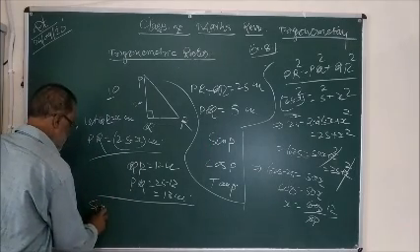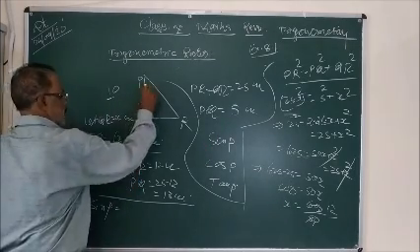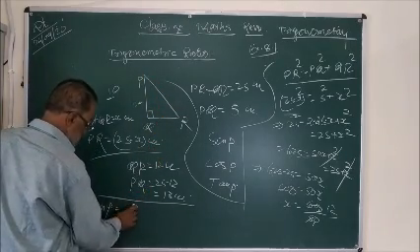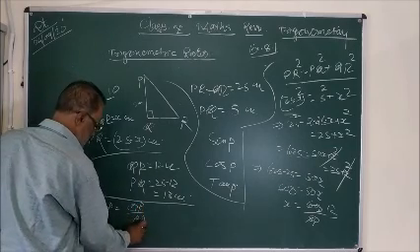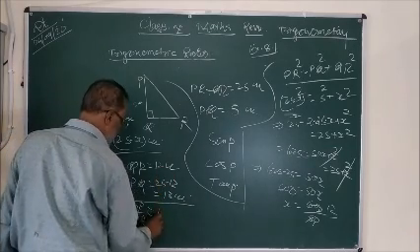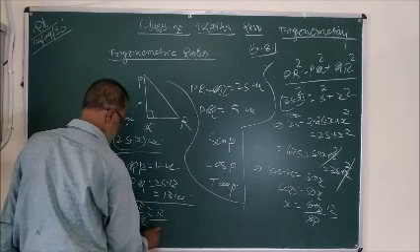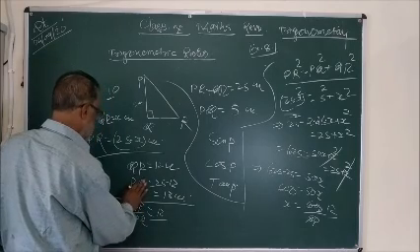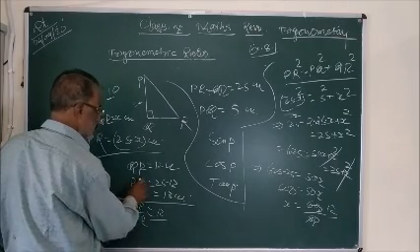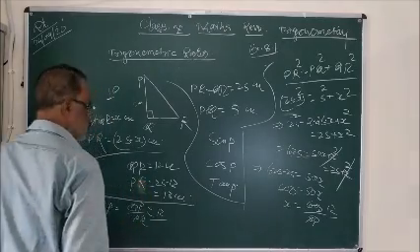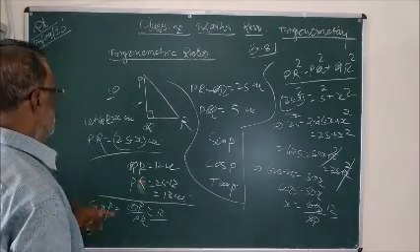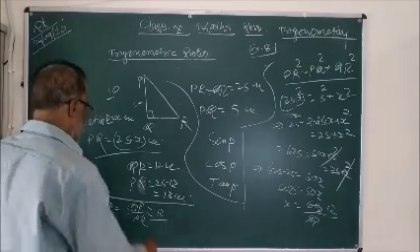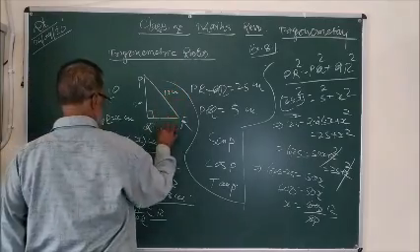Sine P. Sine for this angle is P by H, perpendicular by hypotenuse. The perpendicular is QR, so this is QR by PR. QR, how much? We have got 12. And PR is equal to 13, sorry.